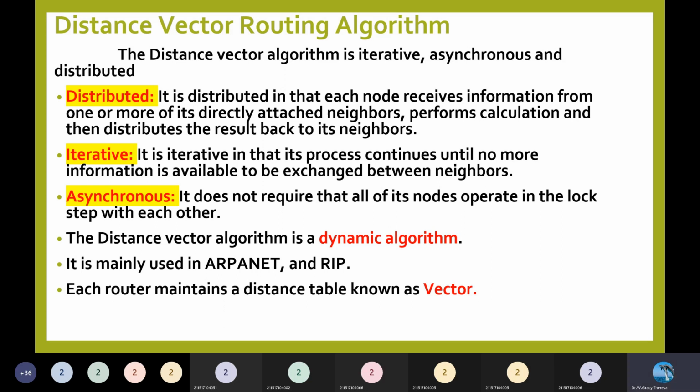So it is distributed in that each node receives information from one or more of its directly attached neighbors, performs calculation, and then distributes the result back to its neighbors. So that is why we call it distributed. As I said, each and every node has a distance vector table, so it is going to directly live with the nearby station.